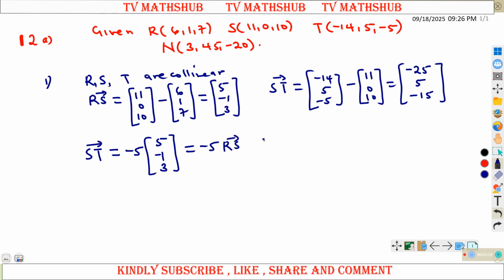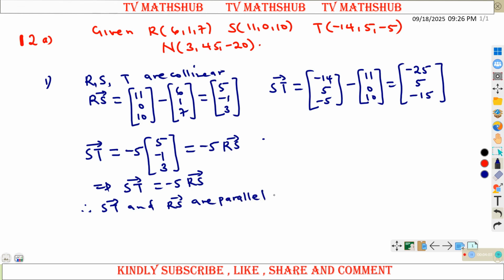So it is clear that ST is actually -5 RS. So you can express one vector as a scalar multiple of the other. If this is so, then we can conclude that ST and RS are parallel.